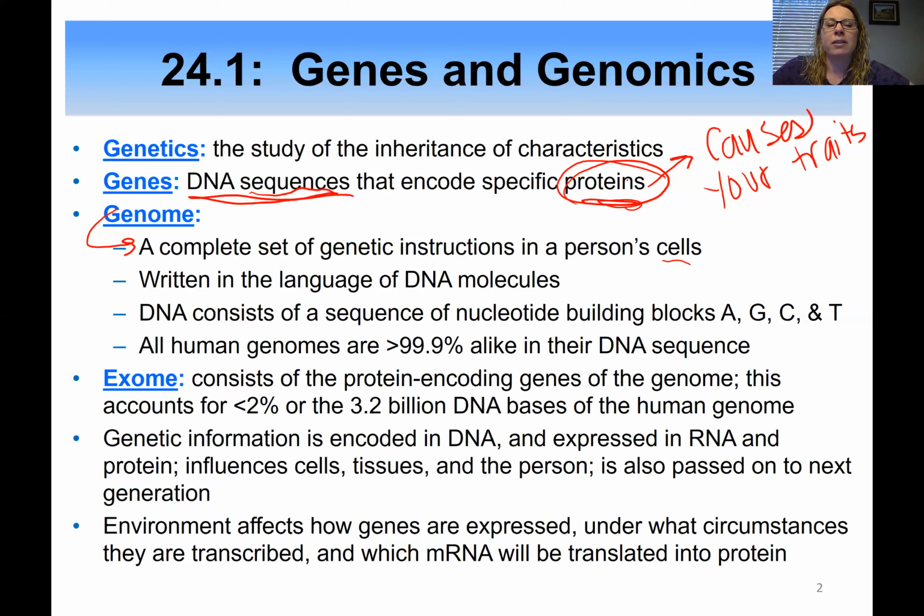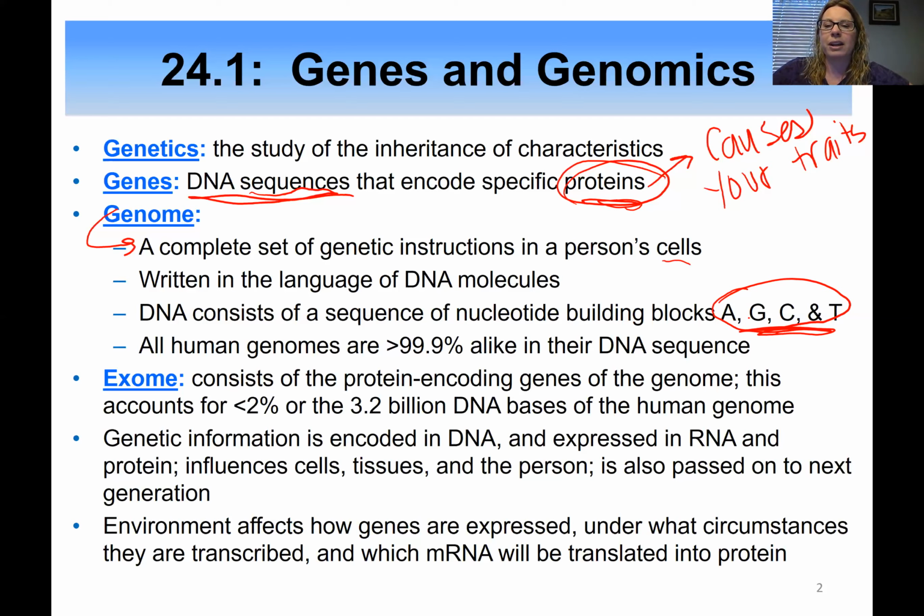A genome is written in DNA language, which, if you've had micro or general biology or biology in high school, you remember as A's, T's, G's, and C's: adenine, thymine, guanine, and cytosine. The order, the sequence of these nucleotide bases, is what makes up your genome. What makes your genes different from my genes is their sequence.